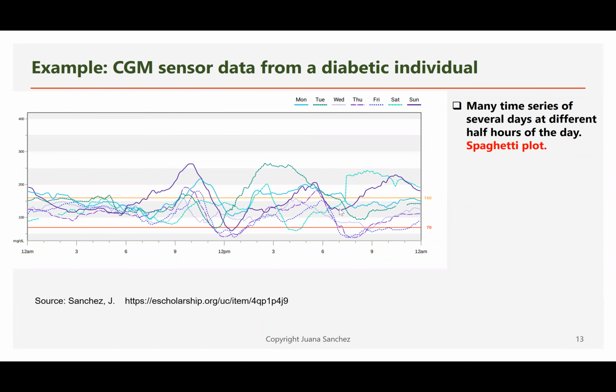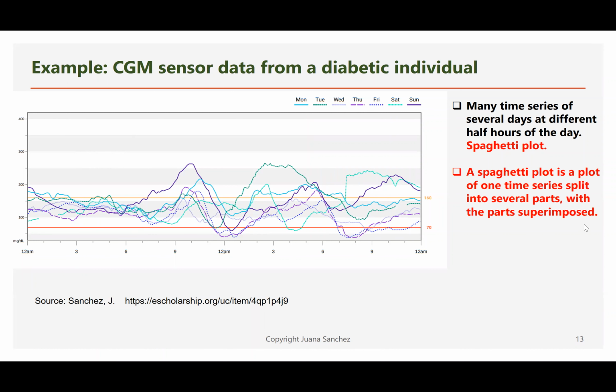In reality, this is just 1 time series, but we have split it into different time series, 1 for each day, in order to see what's happening each day and comparing the days. It's called a spaghetti plot because it's just 1 time series converted to many time series.